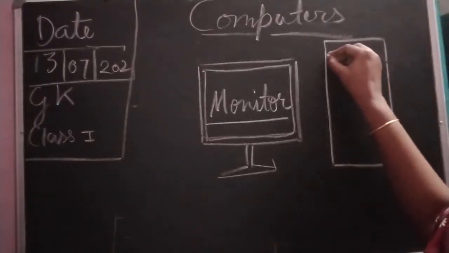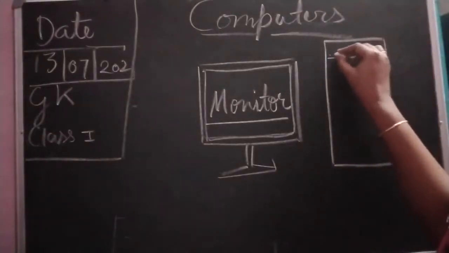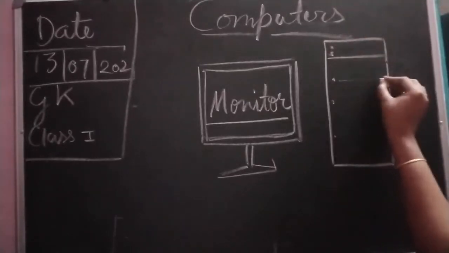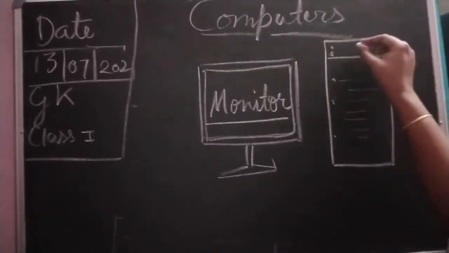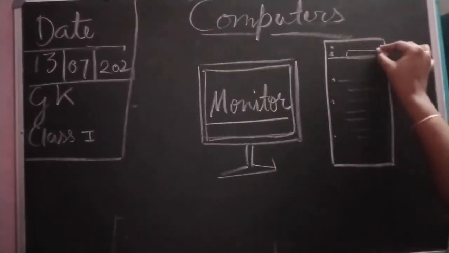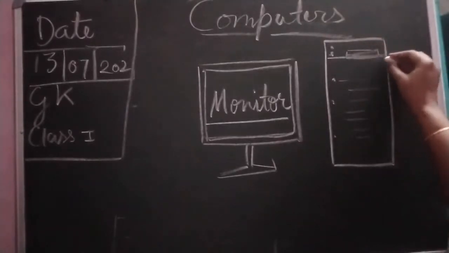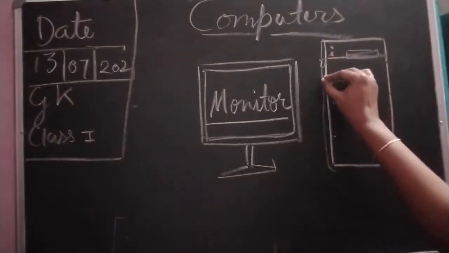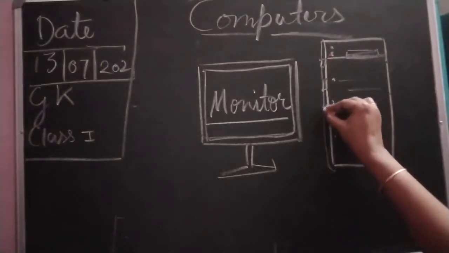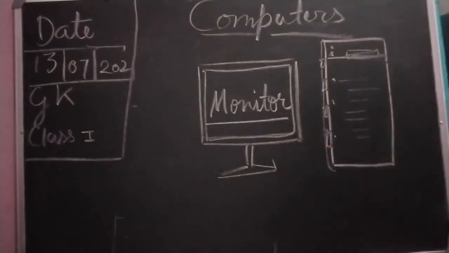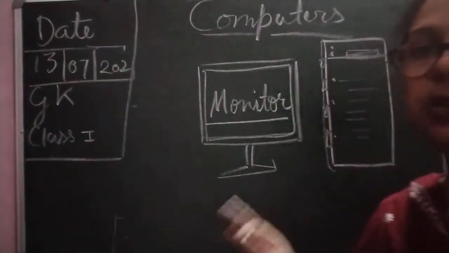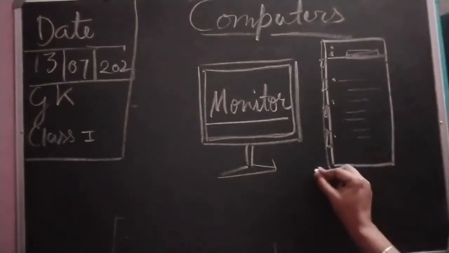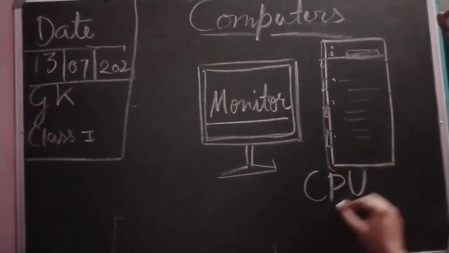Here you can insert our CDs, and there are so many sockets here, so in these sockets we can insert our plugs easily, children. This device is called the CPU, children.